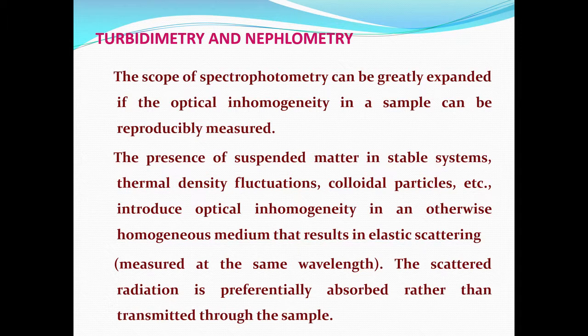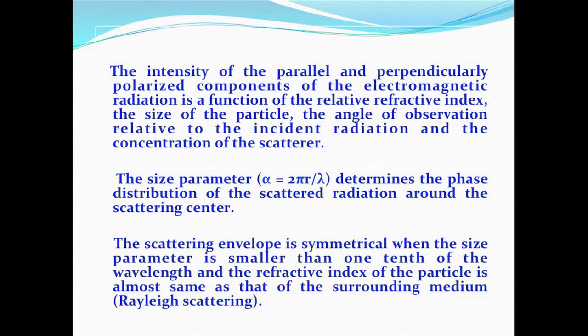This is a major difference with respect to spectrophotometry. In spectrophotometry we can make the measurement either as absorbance or transmittance, whereas in turbidimetry we will make the measurement preferentially as absorbance.